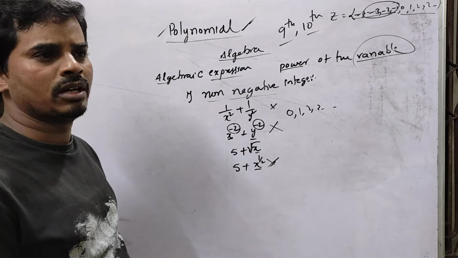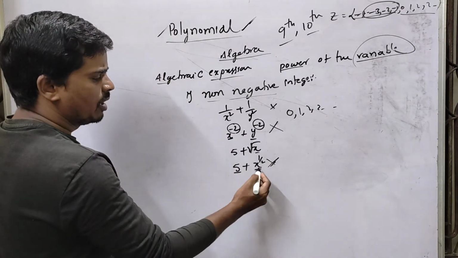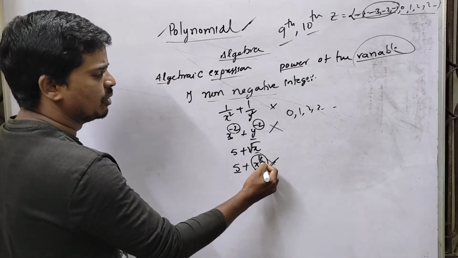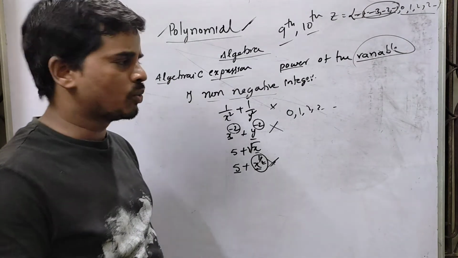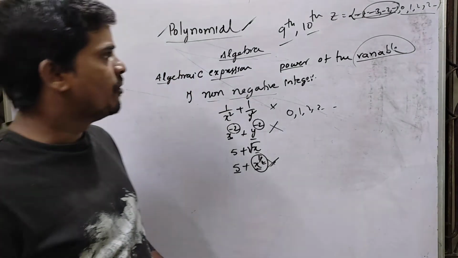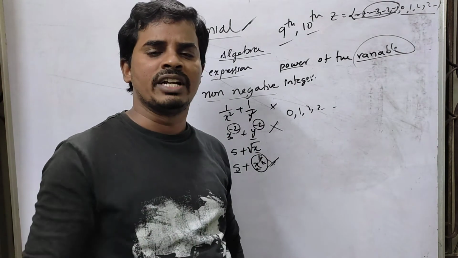Here the constant term 5 is there, and x is the variable, having a fractional power. So an algebraic expression can be called a polynomial if the power of the variable is a non-negative integer.